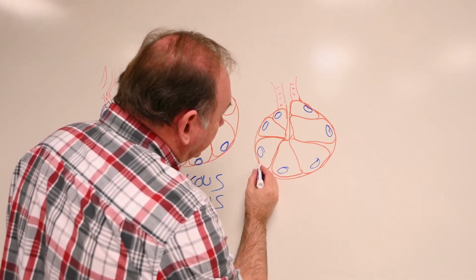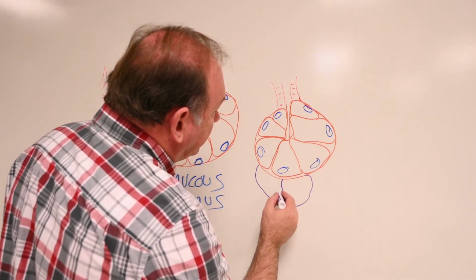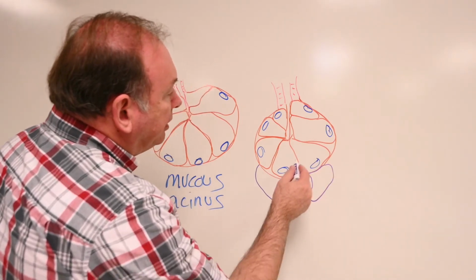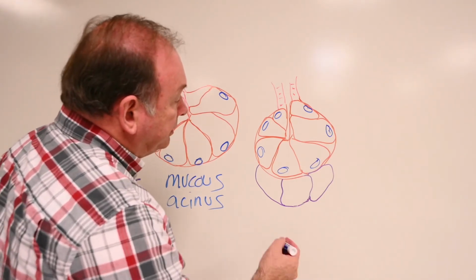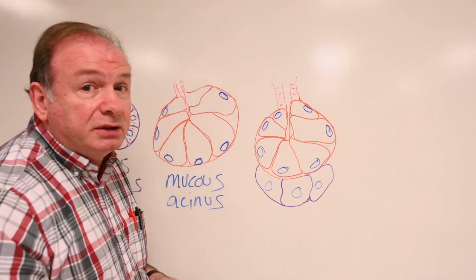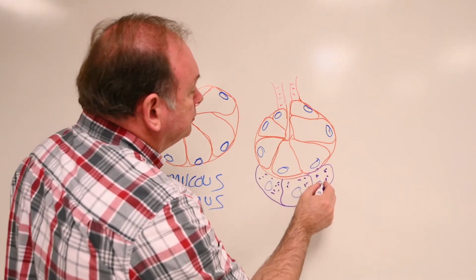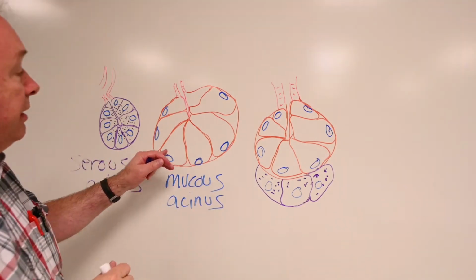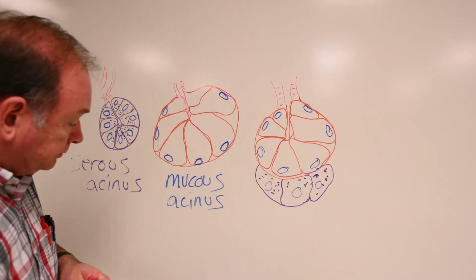So we end up with these little caps of serous cells out here on the perimeter. Little groups of cells stuck on the outside of our acinus are called serous demilunes. So we have these nice serous cells located outside of the mucus secreting cells here. So in a submandibular gland, you'll see a mix of serous, mucous, and mucous with serous demilunes in the tissue.